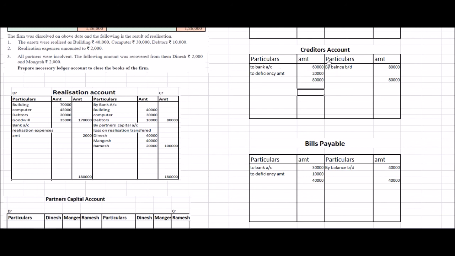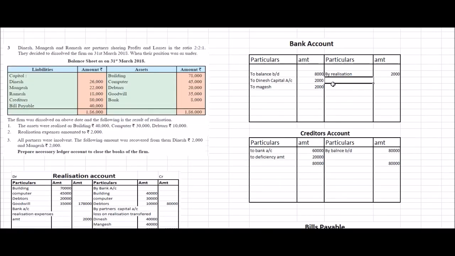So for the creditors account, 20,000 is the deficiency amount, they're paying 60,000, and 20,000 rupees is the deficiency account. For the bills payable, 10,000 is the deficiency account. These two accounts, creditors account and bills payable account, will come in the bank account.